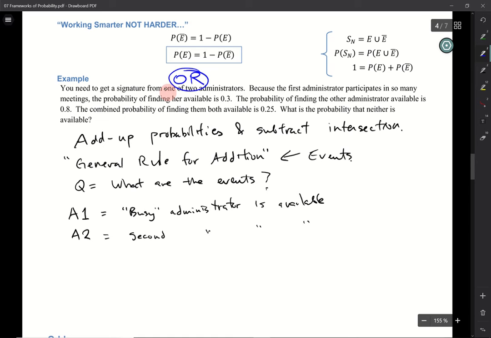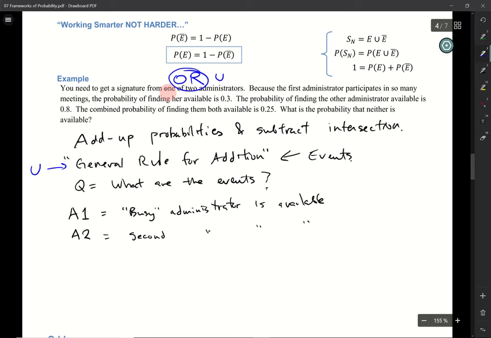And when you see OR, you think of union. The general rule for addition is about union. So whenever you see union, or as a check, I'm thinking of using the general rule for addition, that's about OR. So is this problem about OR? And it is, because you get a signature from this one or the other one.